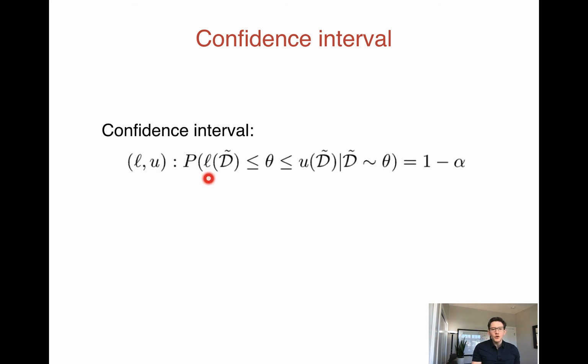So L and U really are, you should think of it from a frequentist perspective, as some fixed procedure that takes you from a data set to confidence interval bounds. So L and U are a function that take in data and give you intervals. And we call that a confidence interval if it's the case that whatever theta is, we get confidence intervals that go around the true theta.